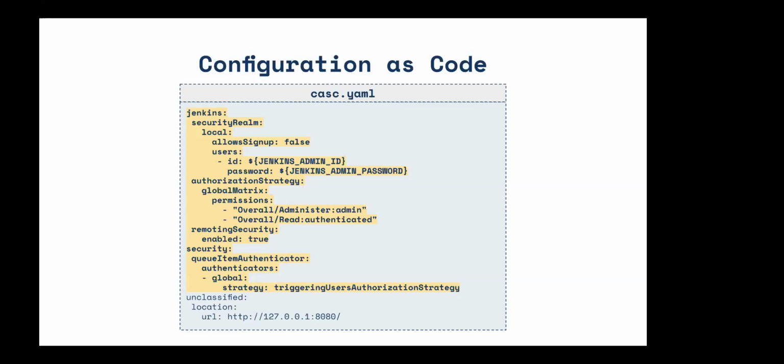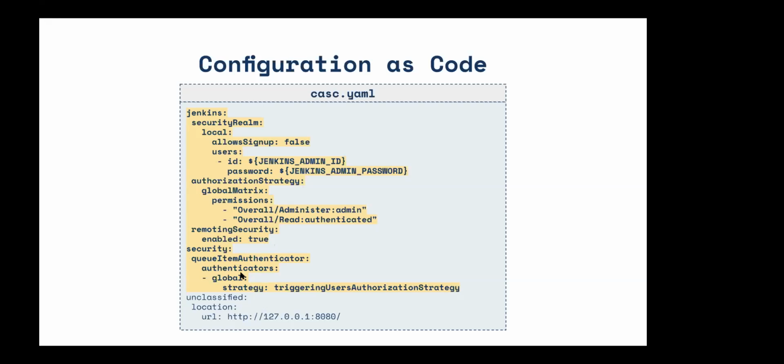This setting allows you to configure whether the controller can trust the agent, and vice versa. You really just set this to true, and you only really need it if you're running a distributed Jenkins setup. And then lastly, we have security, queueItemAuthenticator, and so on.